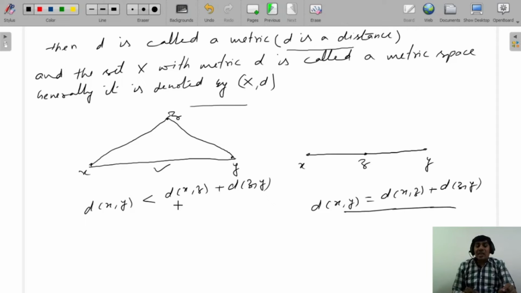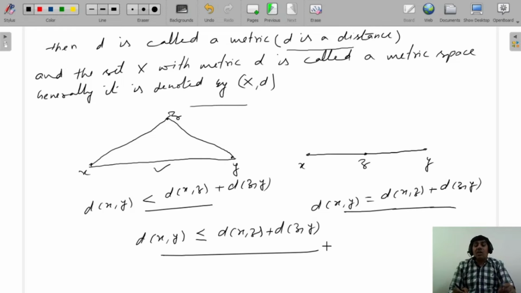Combining these two, we conclude that d(x,y) is always less than or equal to d(x,z) plus d(z,y). So the triangular inequality is also satisfied. Therefore, a non-empty set X with metric D is said to be a metric space if it satisfies these 4 properties.